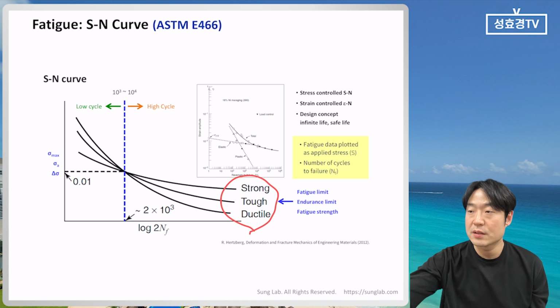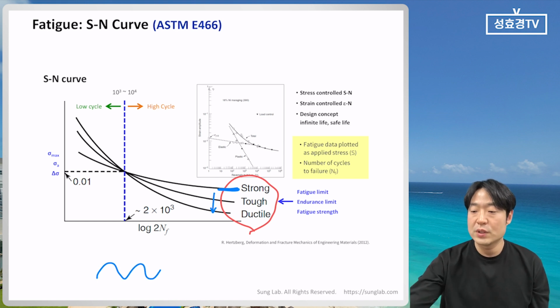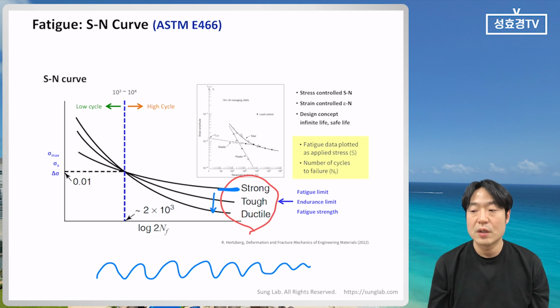Under this area, even though infinite cyclic loading is applied, there is no failure by fatigue cracking. So when we get a high fatigue limit or high fatigue strength, it is good for resistance to fatigue cracking. That part is very important for the SN curve.